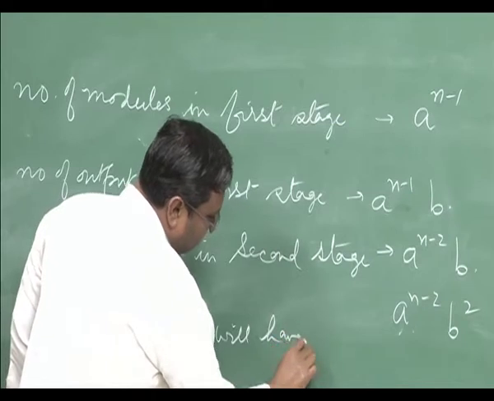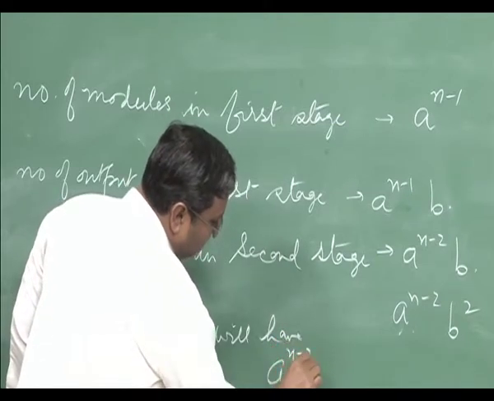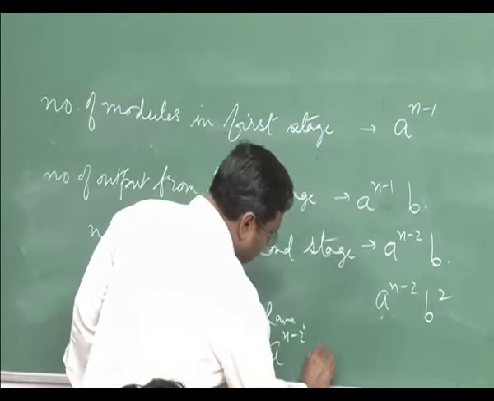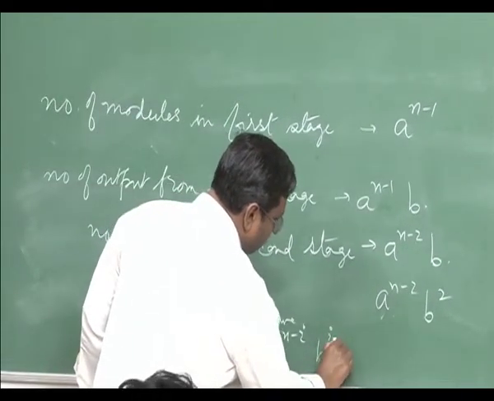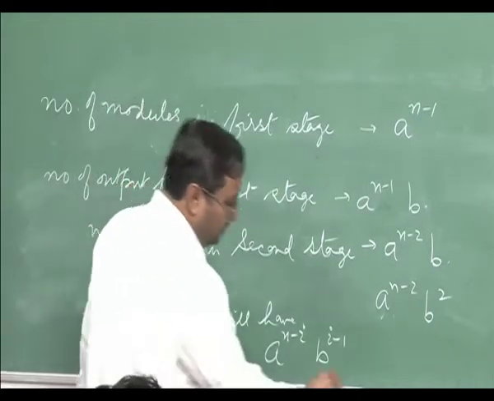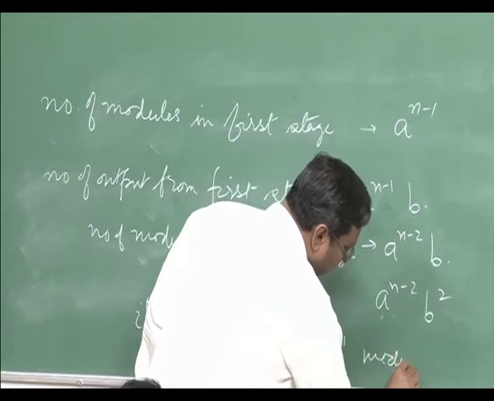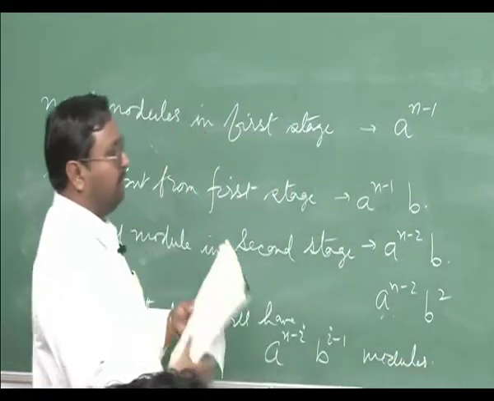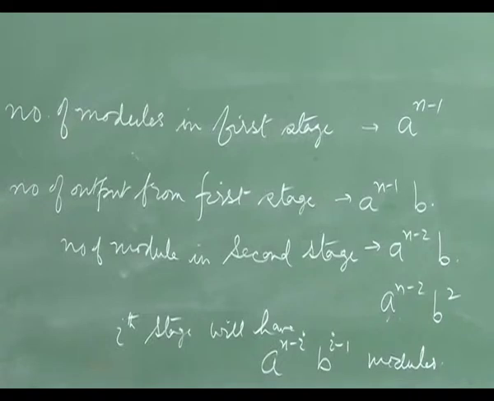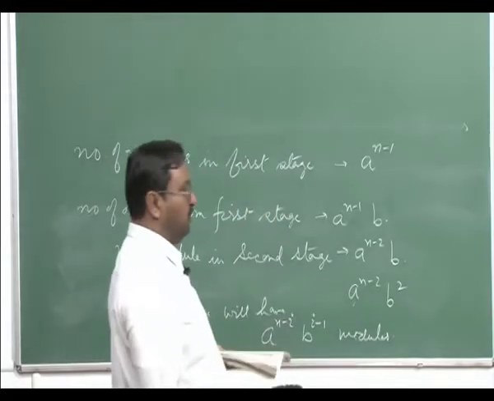So, once we understand this, in the ith stage we will have A raised to the power n minus i modules. Each module will be of size A by B. So, what is the total number of modules?